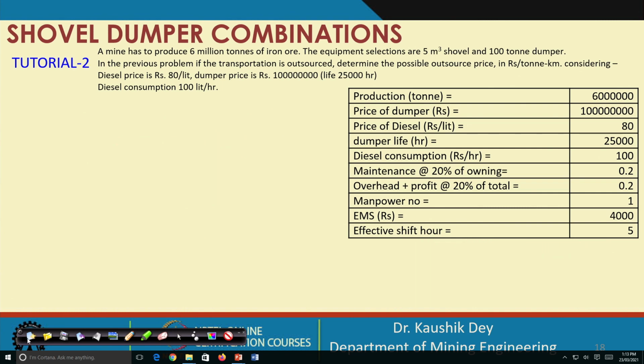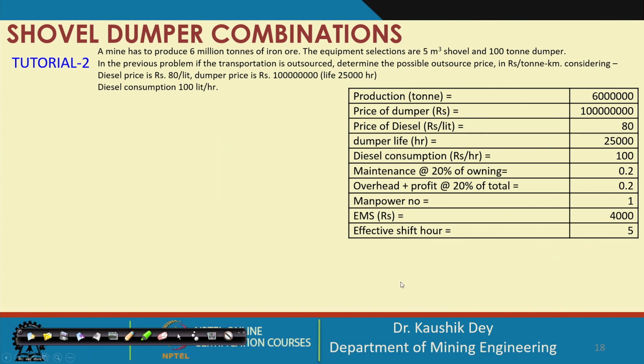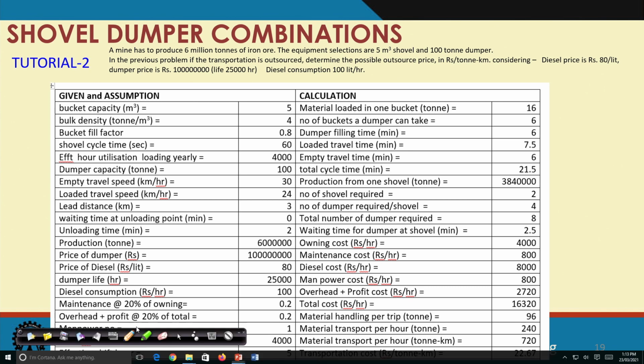So, let us look into the solved values. Now see, these are the bucket capacity, bulk density, bucket fill factor, shovel cycle time, effective hours, dumper capacity, empty travel, loaded travel, lead distance, unloading time, production target, price of dumper, price of diesel, price of dumper life, then diesel consumption, maintenance cost, overall profit, number of manpower, EMS.